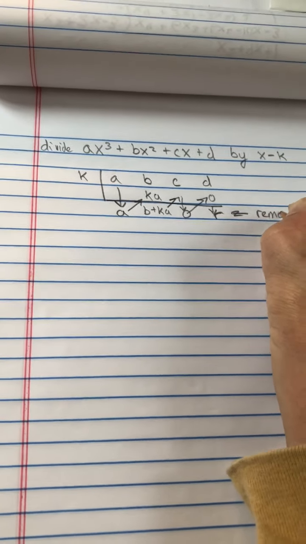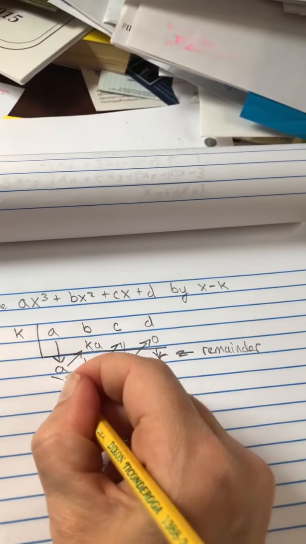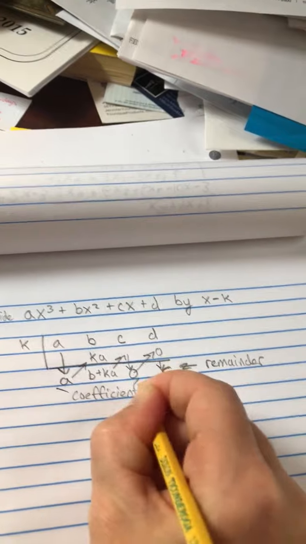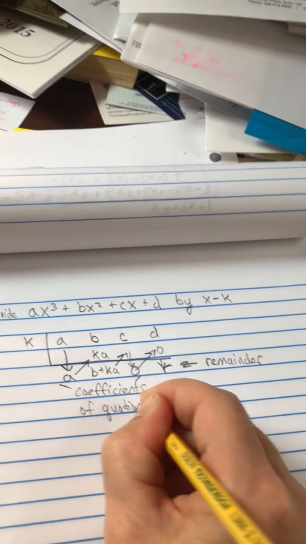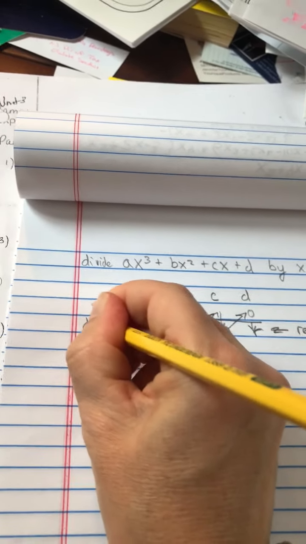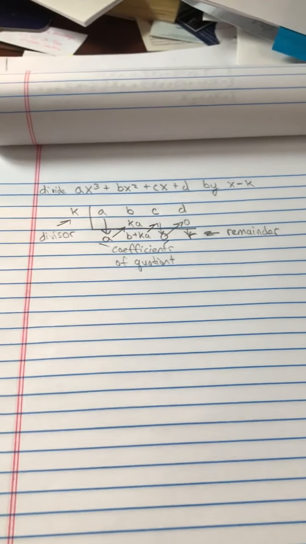This is actually how the book has it. I know it looks confusing. These are the coefficients of the quotient. And this is the divisor.